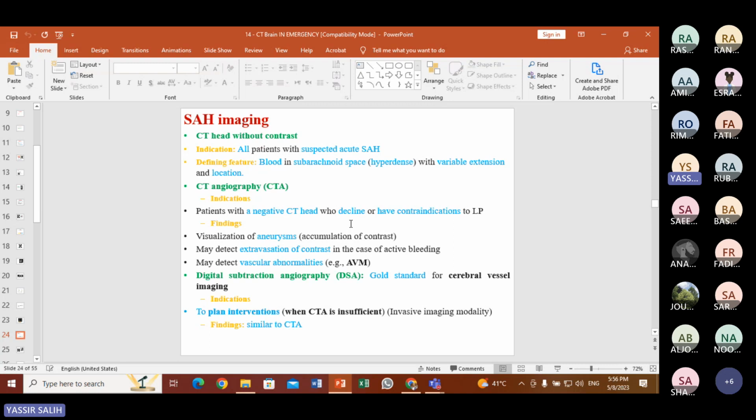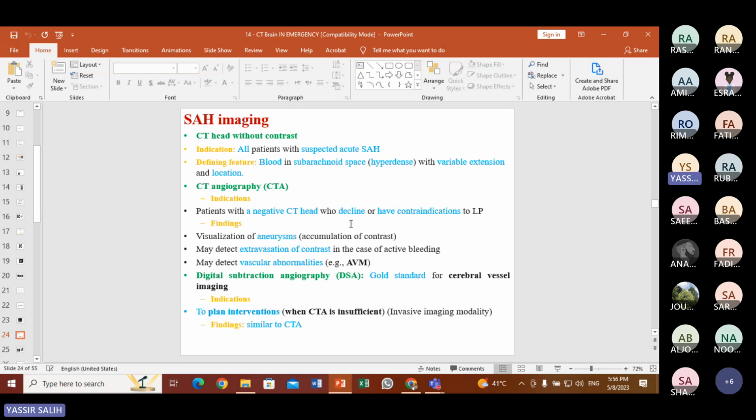If there is a contraindication to LP, we can do CT angiography. So the next step is always LP, but if it is contraindicated you can do CT angiography.